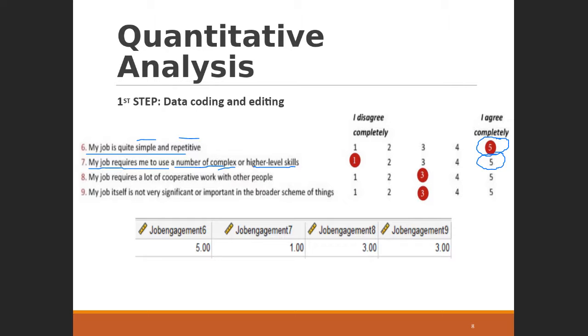The respondent is giving inconsistent responses because if you are agreeing with the first statement, you should disagree with the second statement. If you are strongly agreeing with both the statements, it means that your responses are inconsistent. And these kinds of responses create trouble for us during our data analysis stage because they reduce the validity and the reliability of our data.